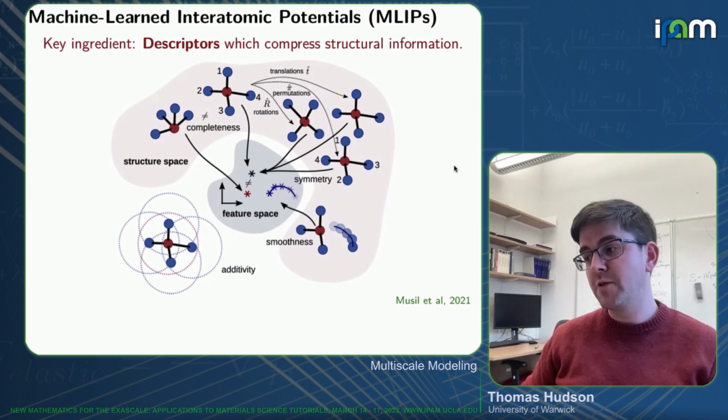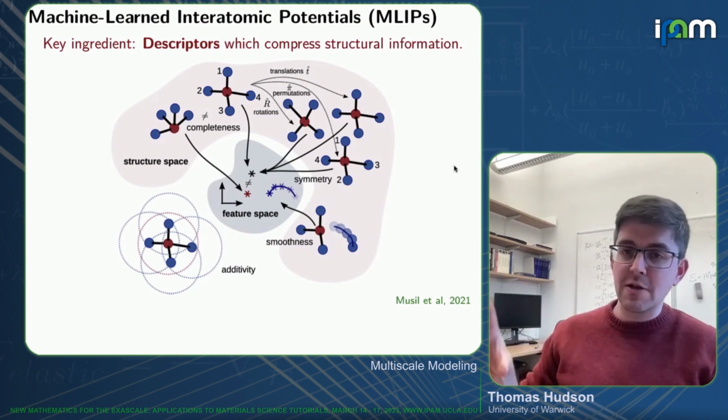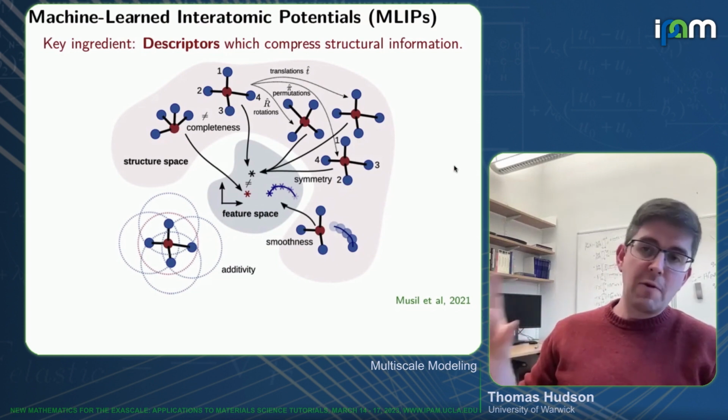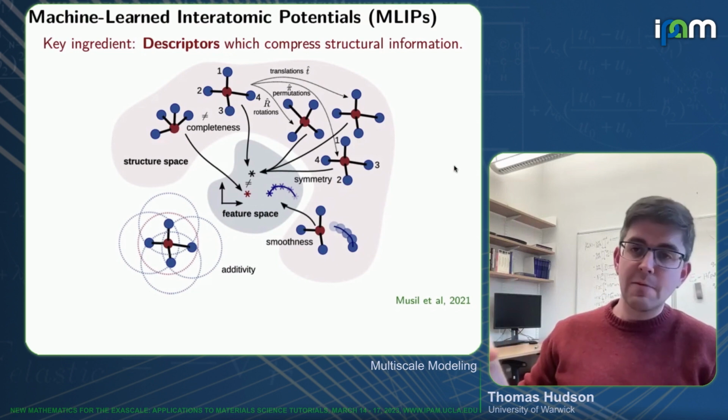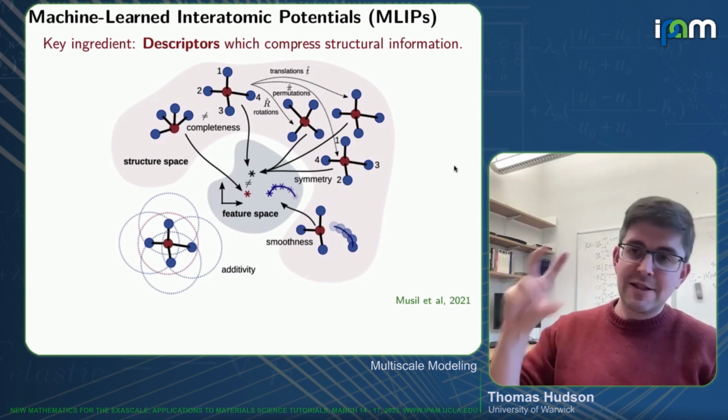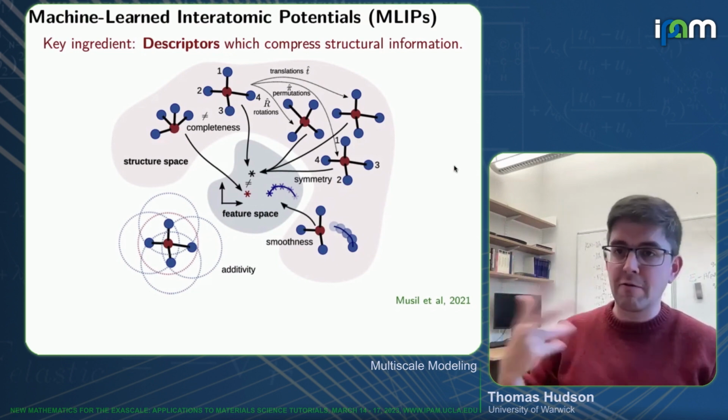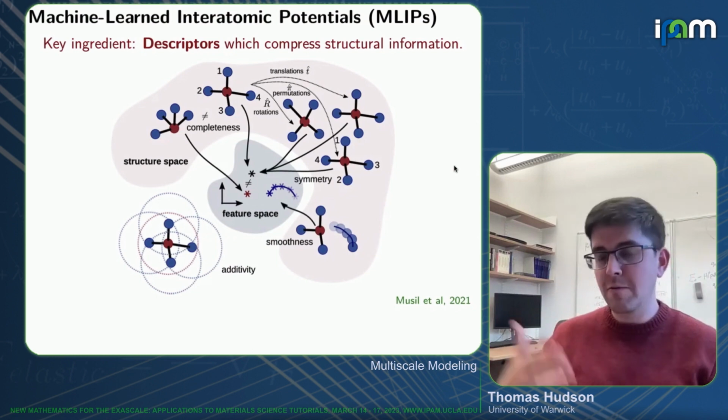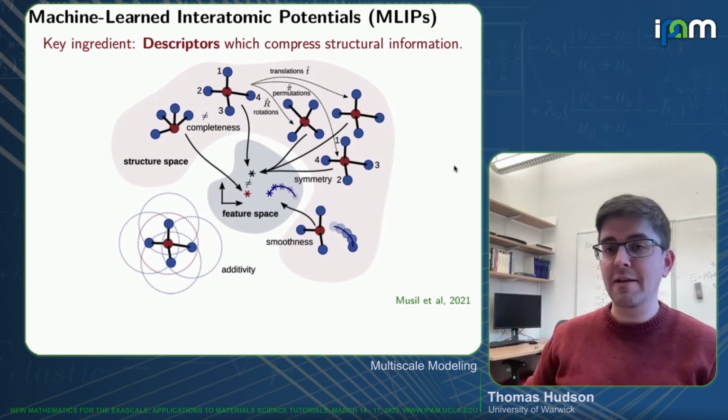Right? So just from a few interatomic positions, we know that if we build the descriptors with these symmetries, then any symmetrically equivalent version of that configuration will also be encoded in exactly the same way. And so we automatically get frame indifference properties for free.